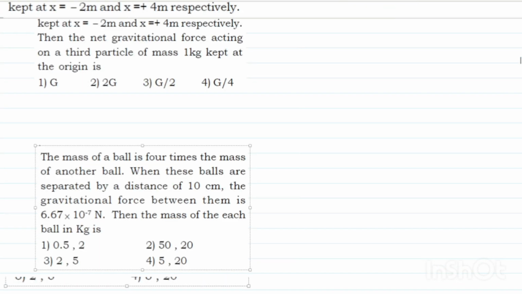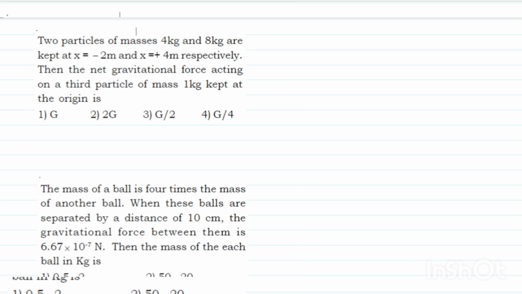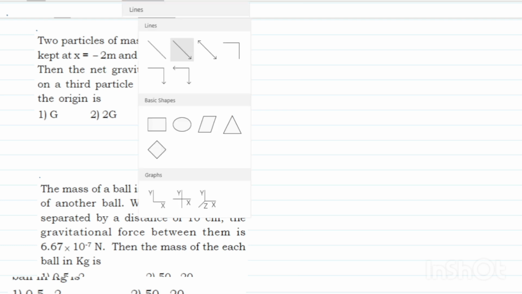The next question says two particles of masses 4 kg and 8 kg are kept at x equal to -2 meter and x equal to +4 meter.